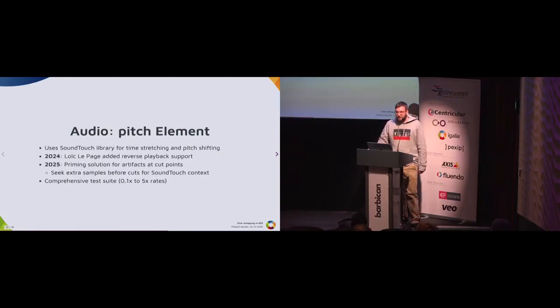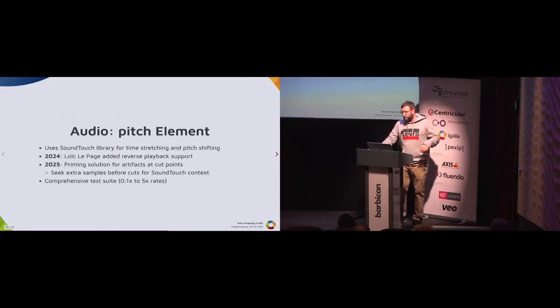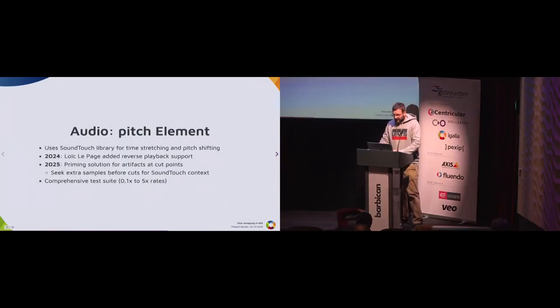Also, one interesting challenge that we had in GES in particular was that at cut points, we used to have artifacts, like when you have two clips that are stuck together, with the same audio, and you are doing a time transformation for the audio. Basically, to be able to implement the algorithm, SoundTouch needs a context to be able to interpolate the samples.